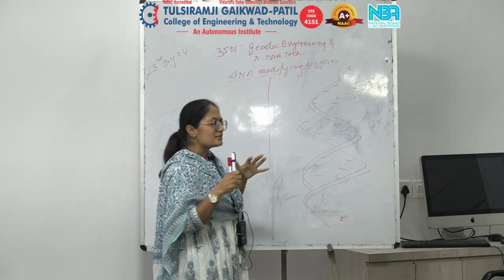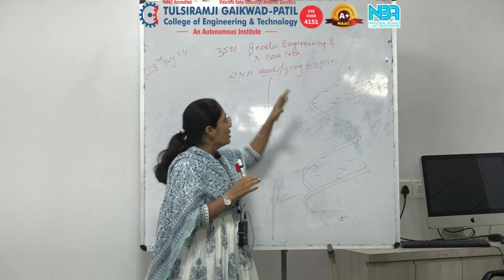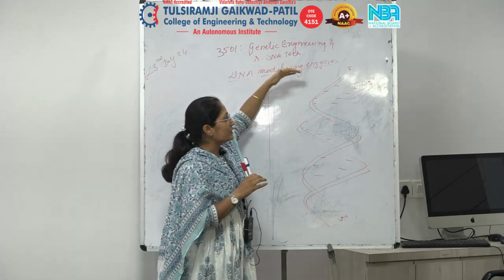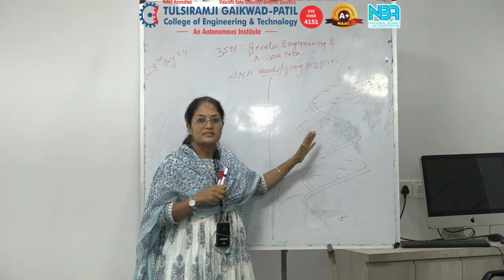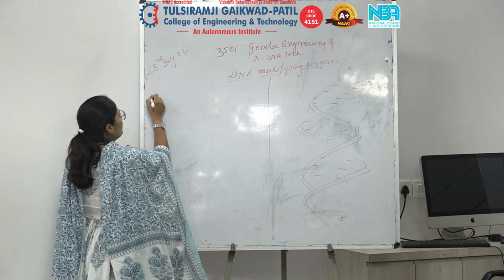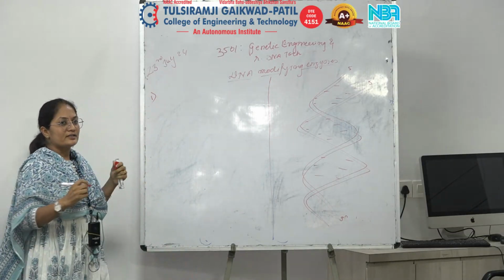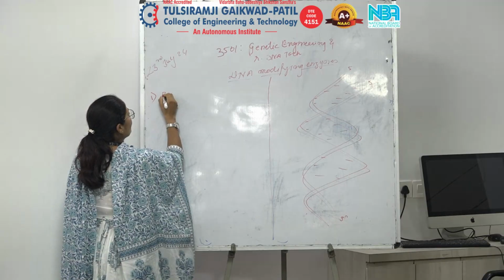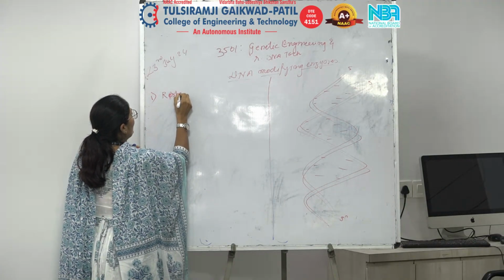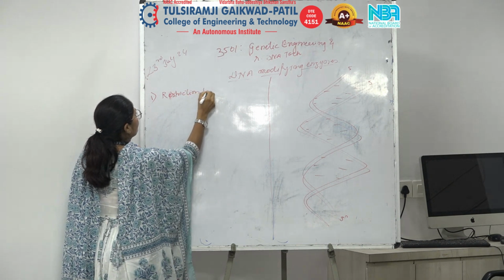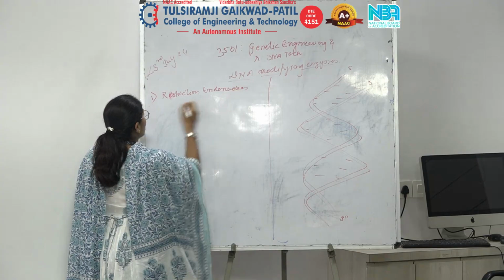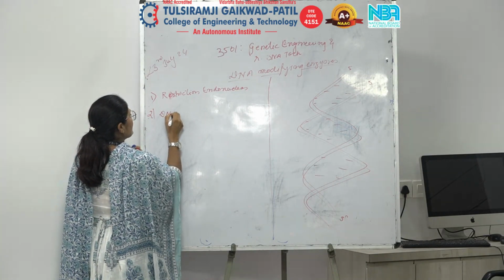Now why are we discussing this DNA structure? Because these modifying enzymes have something to do with all these different types of bonds, and that is why we are seeing the basic structure, right? Now coming to the DNA modifying enzymes. The very first and biggest class of these DNA modifying enzymes is restriction endonuclease. Second class is DNA ligase.